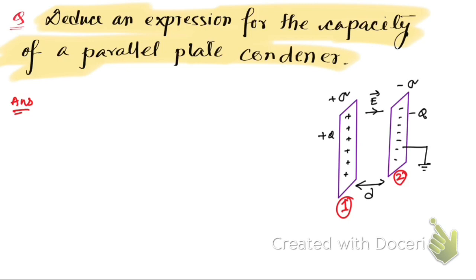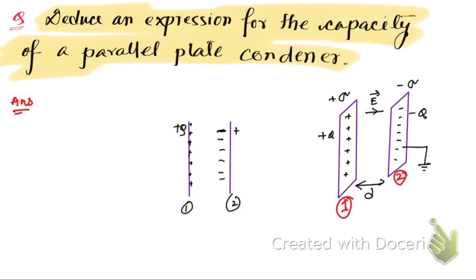Actually what happens here, you can see, if you consider these two as the plates: when you give positive charge to this plate, the face of plate 2 which is facing towards plate 1 will have negative charge induced on it.